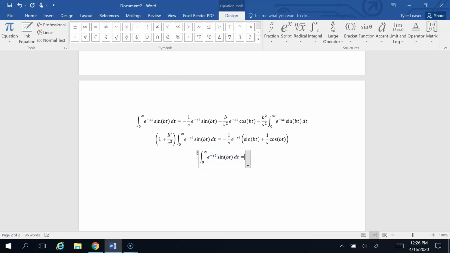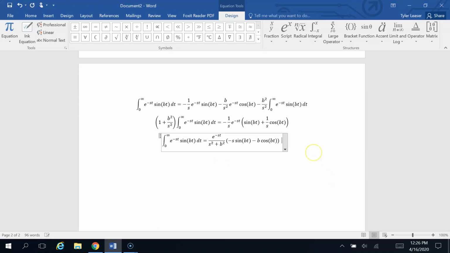But now on the right-hand side, when you divide this all over and simplify it out, we have that e to the negative st, and this is going to be divided by an s squared plus b squared times negative s times sine of bt minus b times cosine bt. All right, and then don't forget, we are still taking this. This is now the antiderivative, and this is going to be going from 0 to infinity, just like before.